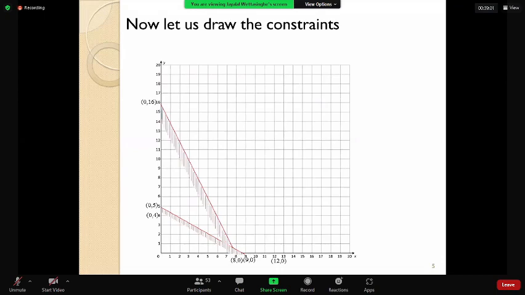But when I shade this one, this becomes the graph of the inequality. Now these are for the third constraint and the second constraint. For the first constraint, if we draw the line like this, then when we shade, we will have the inequality like this.